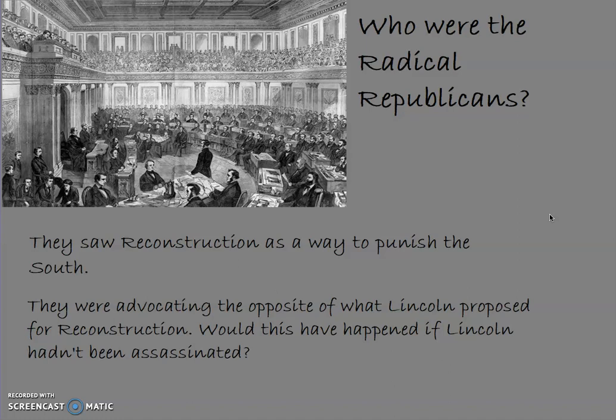But Congress didn't trust Johnson because he was a Southerner. He had owned slaves before, and he had wanted the Southern states to be in Congress before they made any votes on anything. So Congress thought that Johnson was taking the Southern Confederate side, and so they were at odds with each other.